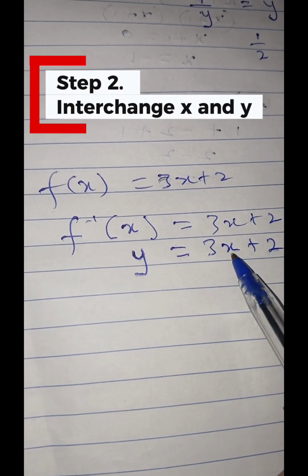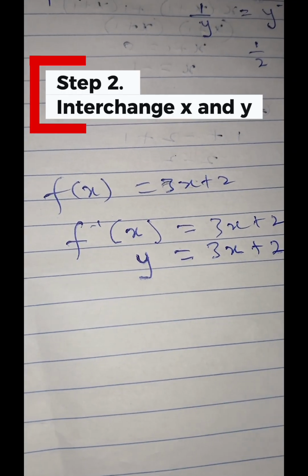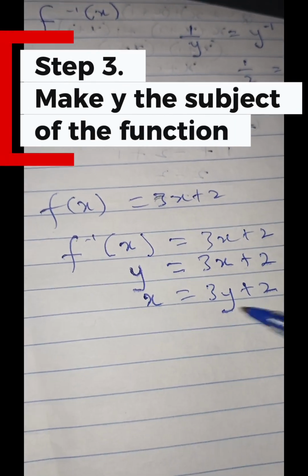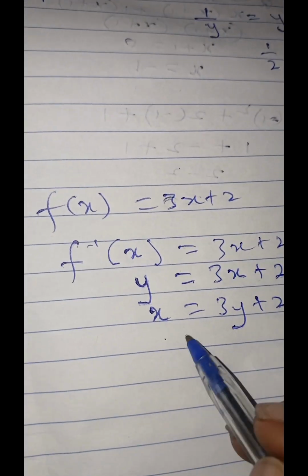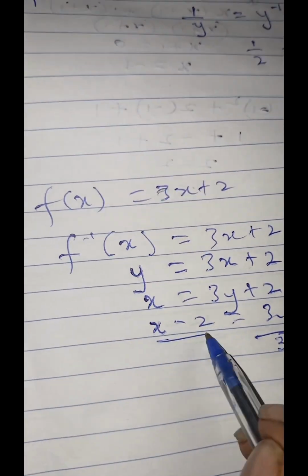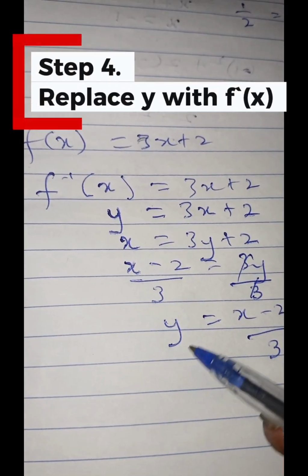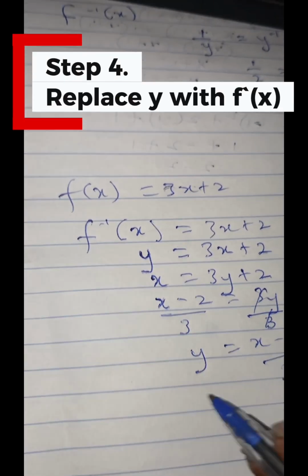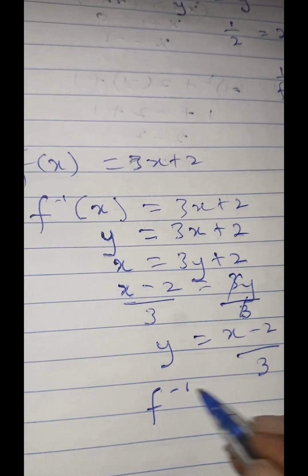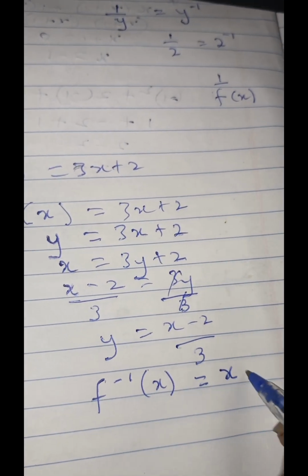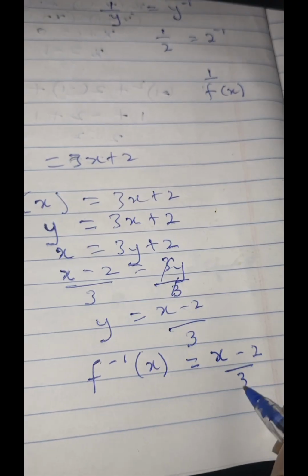Interchange the x and y variables, then make y the subject of the function. Finally, we replace y by f inverse. So f inverse of x is equal to (x - 2)/3.